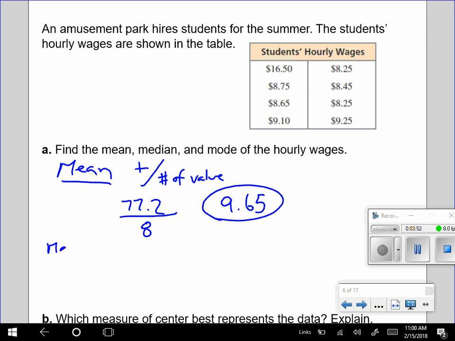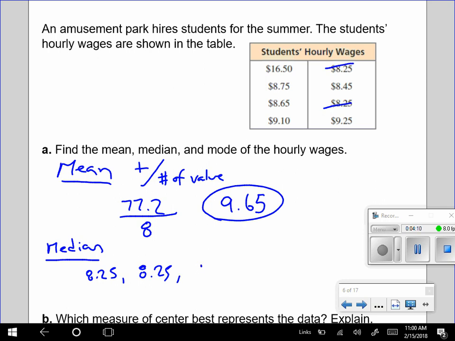My median, I need to list them out in numerical order. So my lowest number here is going to be 8.25. I have another 8.25, so sometimes I like to cross these off to make sure I have them all listed.